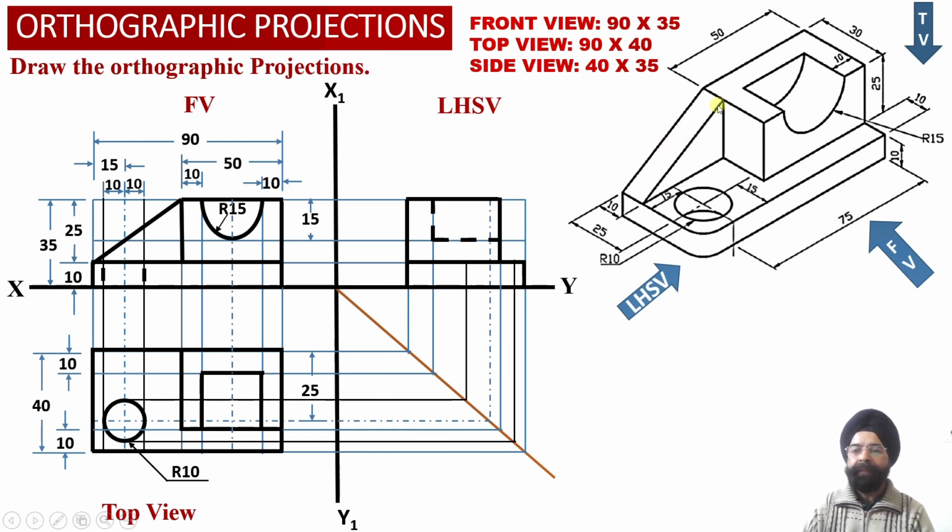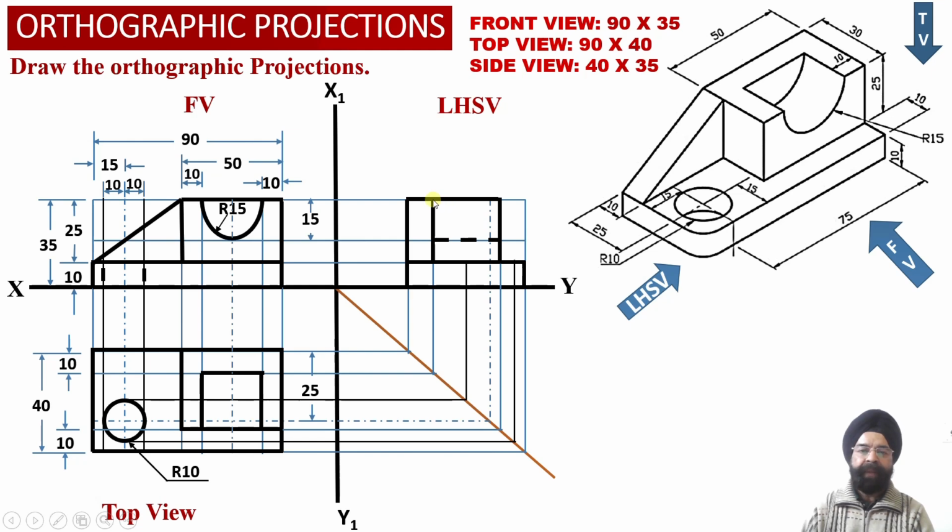Now we see that corresponding to this edge of this vertical web over here, we are going to obtain object line projections. This object line projection, we can check once again, is going to supersede the dotted line projections corresponding to this perpendicular semicircular segment of the slot, which is not visible to the observer from this end.